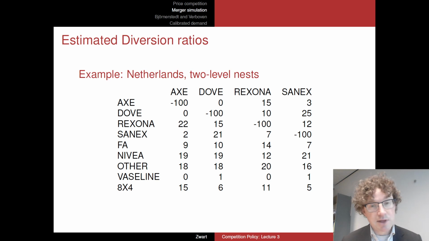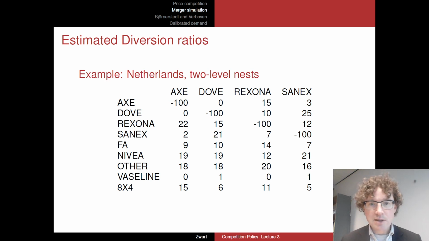If instead we look at Dove, so what happens if we raise the price for the Dove product and people will go away from buying the Dove brand and instead buy something else? So what will they buy? Well, the majority of those will buy, for instance, Sanex, Rexona, but actually none of those will buy the X product that we earlier identified. And the same diversion ratios are computed for these other products.